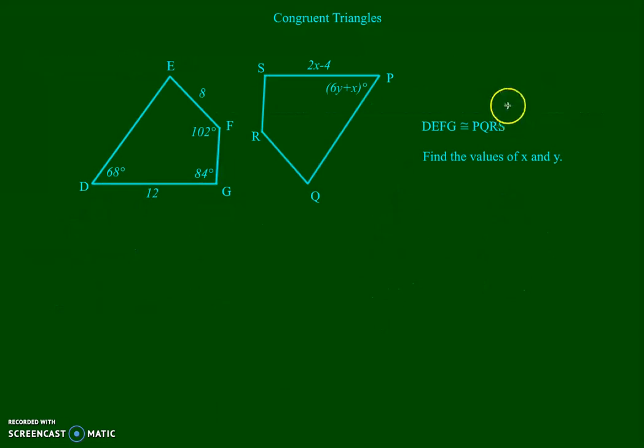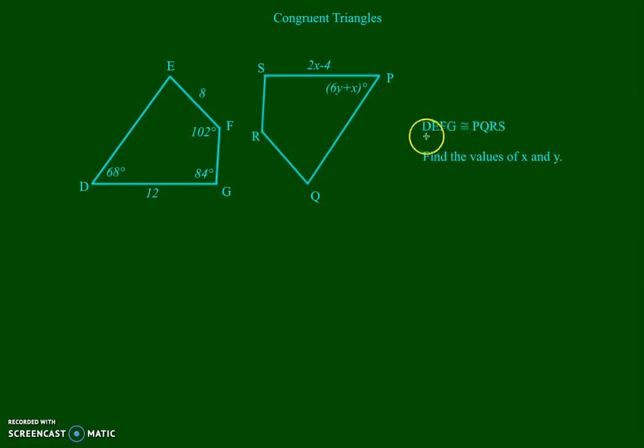So here we have DEFG is congruent to PQRS. We're to find the values of x and y. So I don't want to solve for this one first because it has x and y in it. So let's solve for this one. So we need a side that corresponds to SP in this figure. So SP is this.